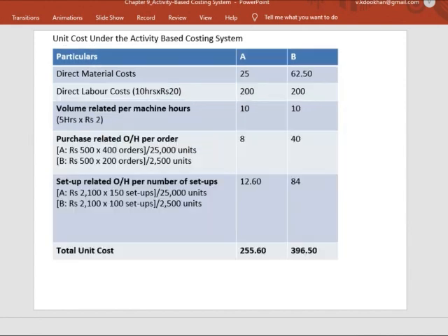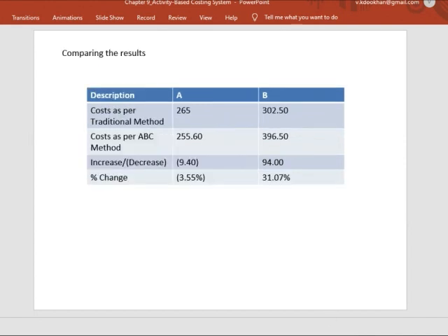Mais par contre, under the ABC, each of the overhead costs have been absorbed differently and more appropriately. Okay, c'est pour ça we can advise the company to go with the ABC costing system for both the product A and B.